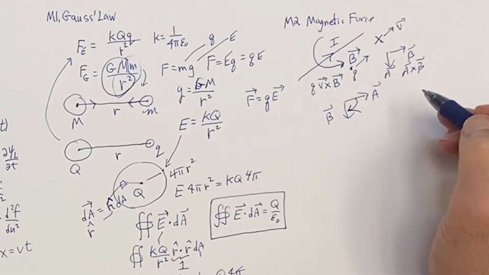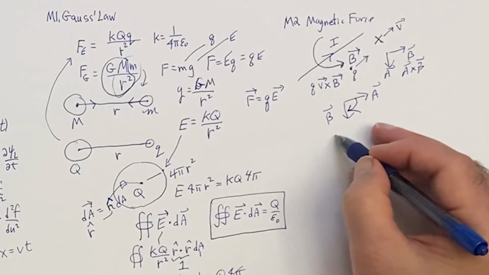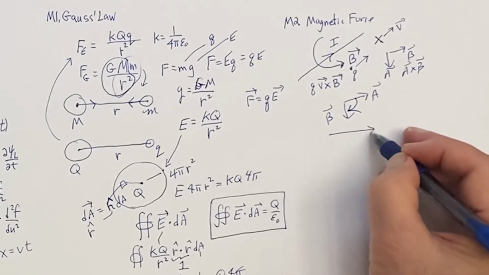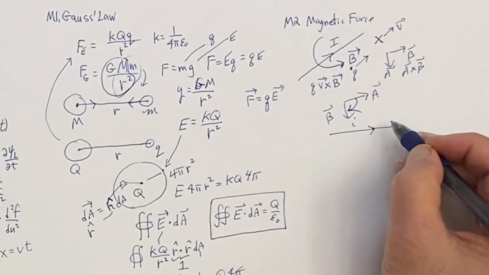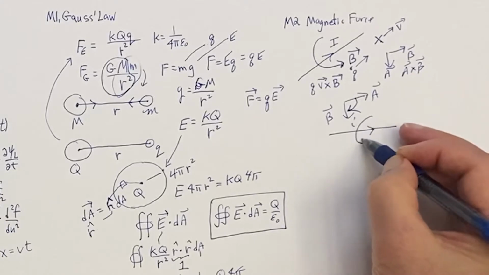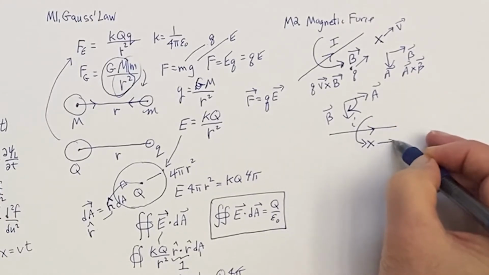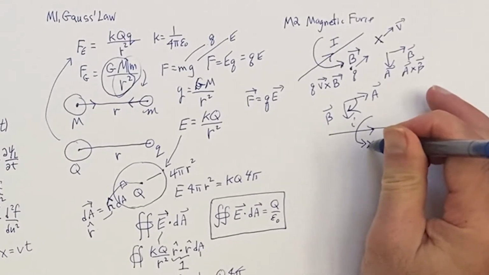All right. So here, say the current is going this way, and that means the magnetic field is like this, and I'm going to say X points into the page, and your velocity is pointing down.